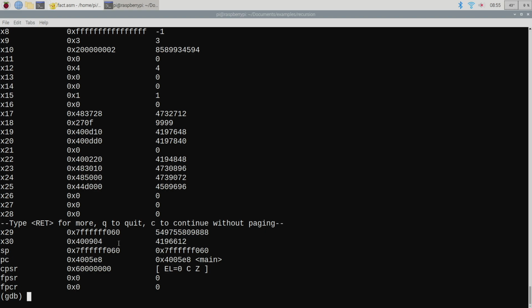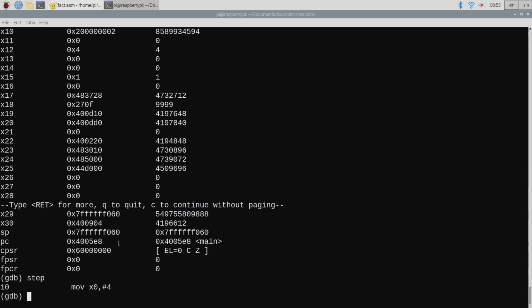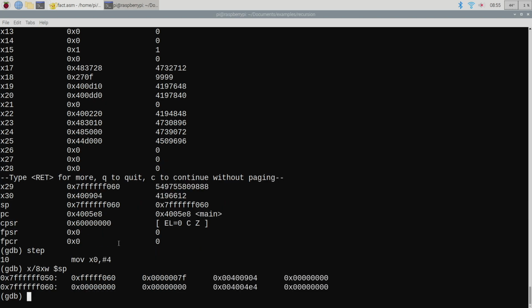All right, let's start stepping through the instructions. So I just put stuff on the stack, and there it is at the stack pointer.